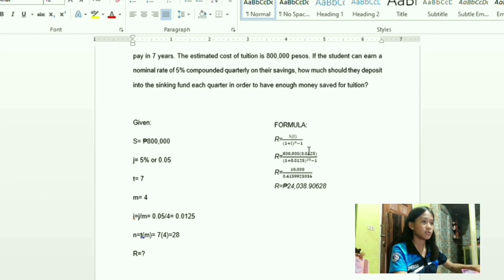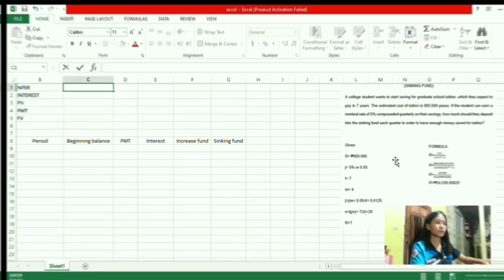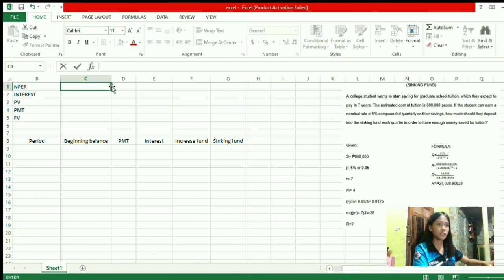All we need to do is substitute the future value, the interest, and the n, and then solve. The answer is 24,038.90628.